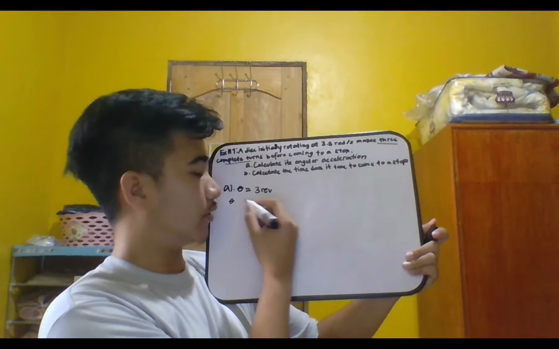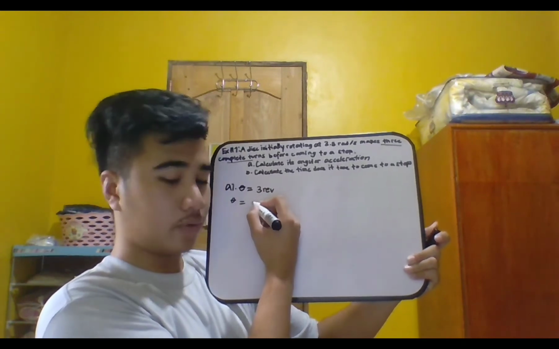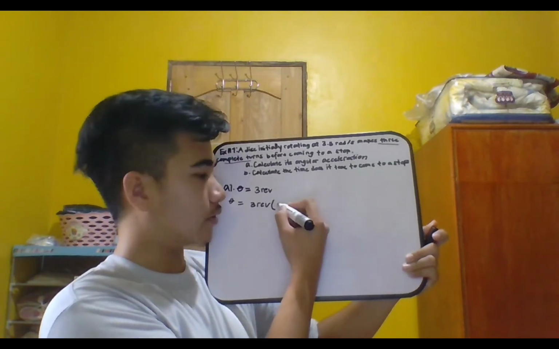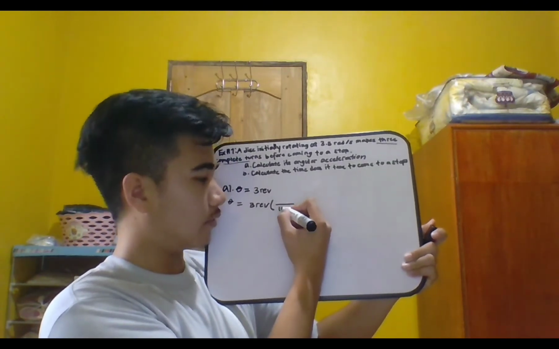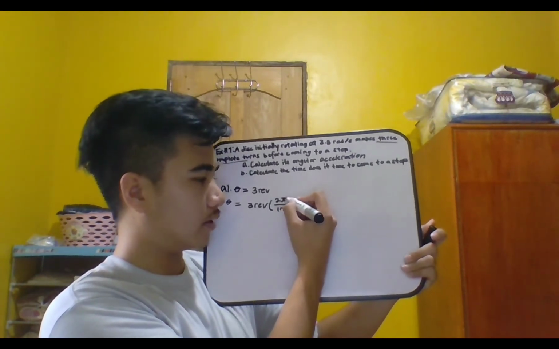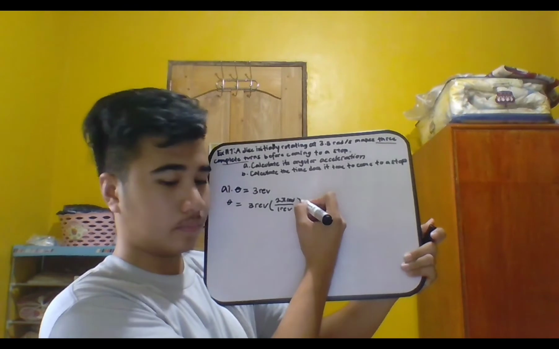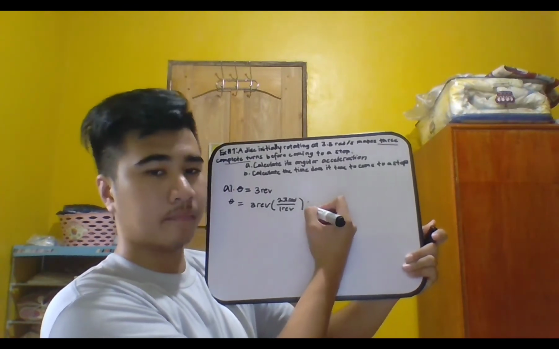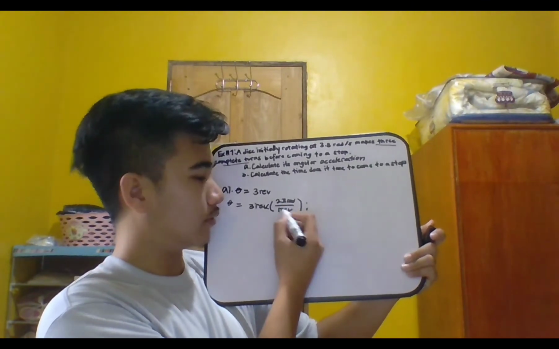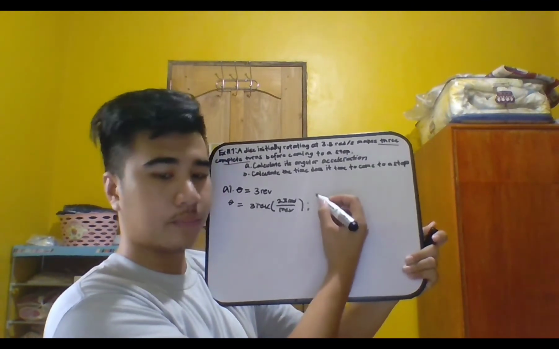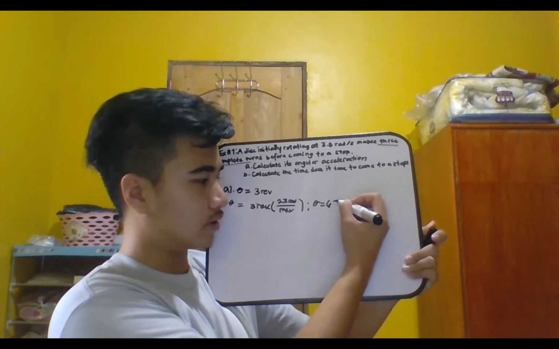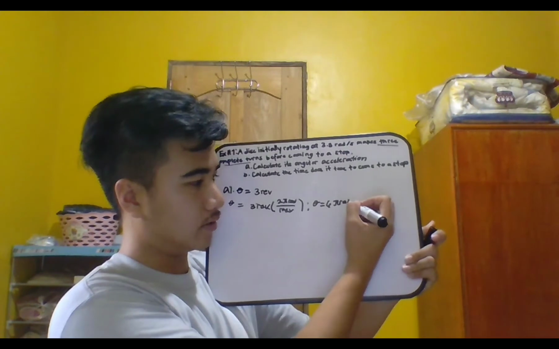So we have to convert it to 3 revolution times sa factor na 1 revolution equals to 2 pi radians. And cross out natin yung revolution. So the angular position is now equal to 6 pi radians.